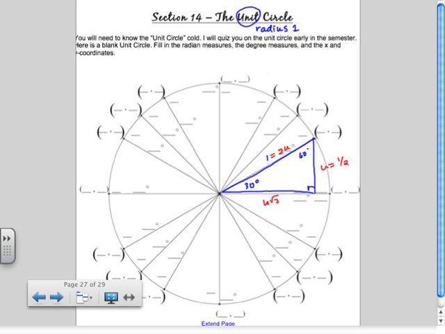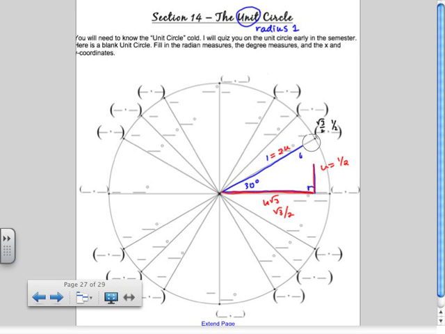And this next one is u times square root of 3, so it's 1/2 times square root of 3, so it's square root of 3 over 2. So we go out along the x-axis square root of 3 over 2, and we go up 1/2. So that point right there is square root of 3 over 2, comma 1/2.